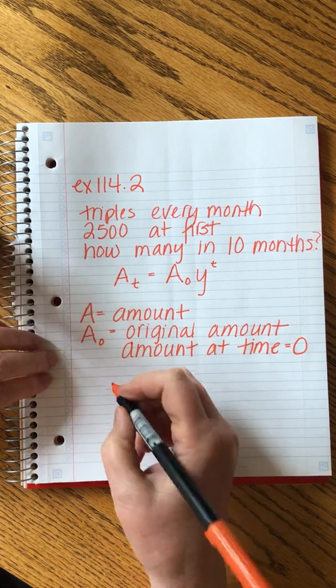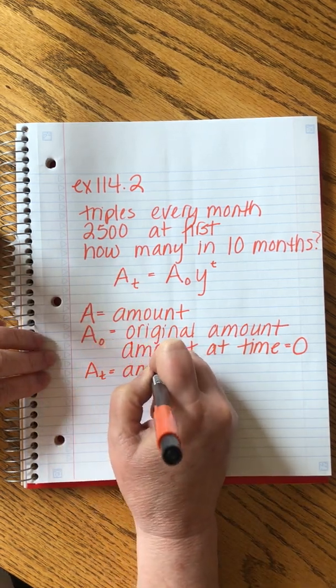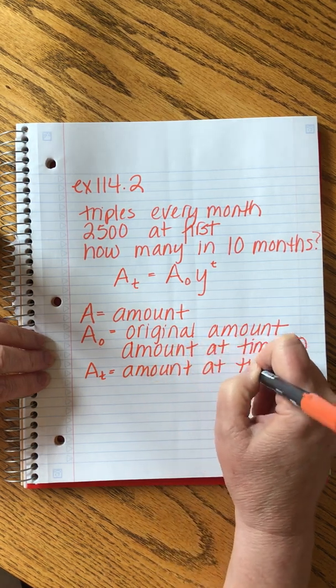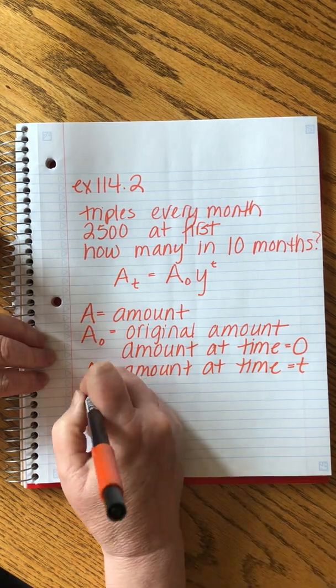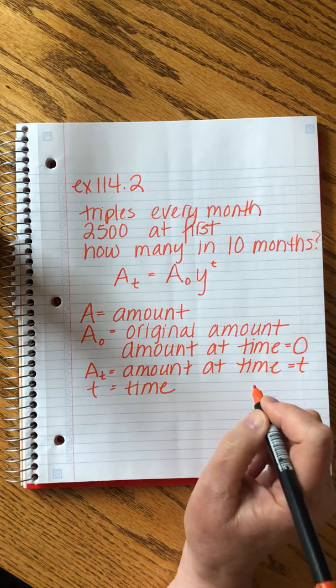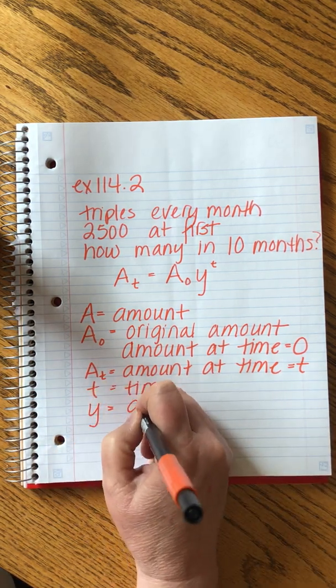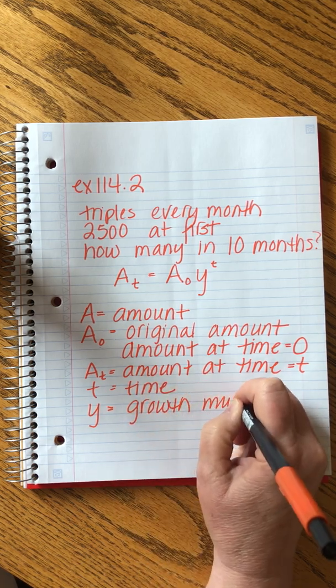That makes a little more sense because A_t equals the amount at time t, and t equals the time. Okay, well, I'll explain in a minute. It'll make more sense. Y is a special growth multiplier.